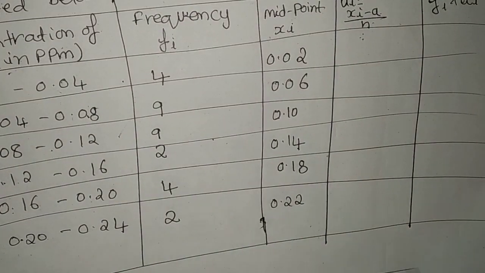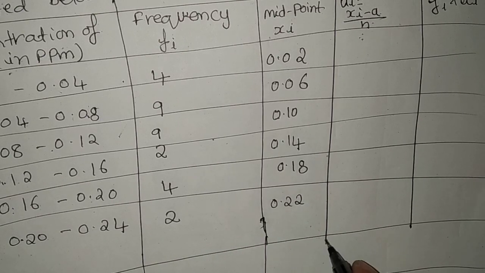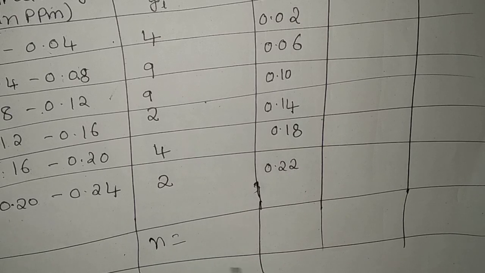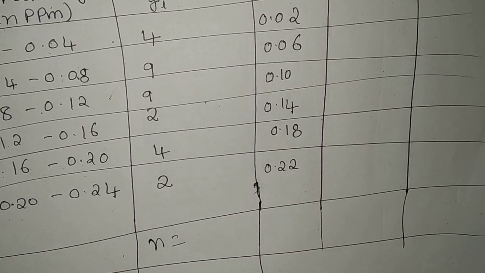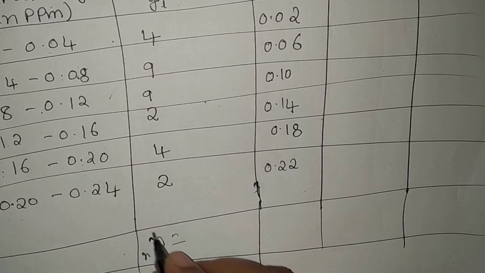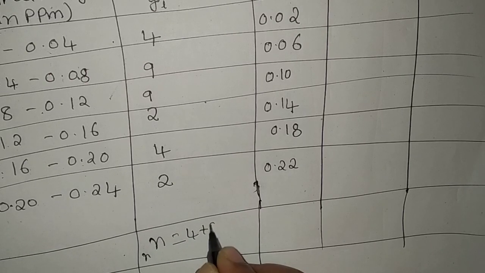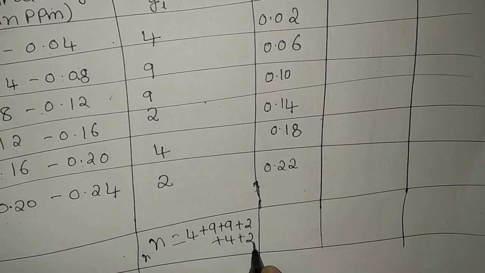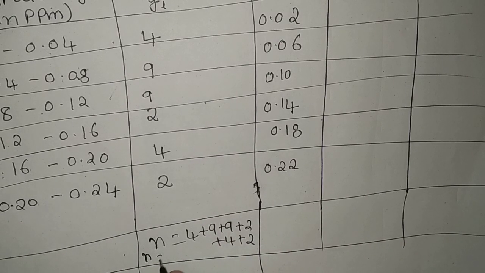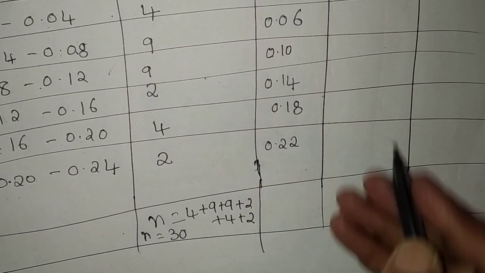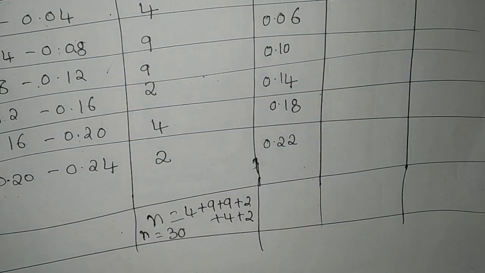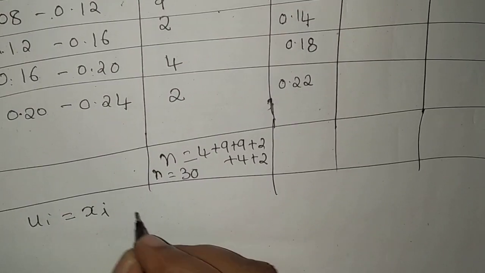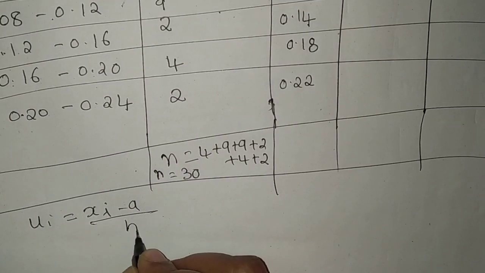Now one more thing, calculate n. n is equal to 4 plus 9 plus 9 plus 2 plus 4 plus 2, which is equal to 30. Then each ui is equal to xi minus a by h.